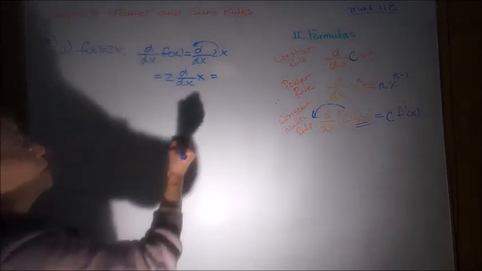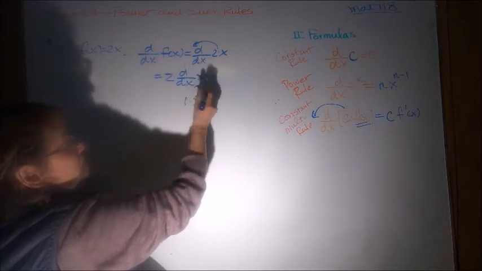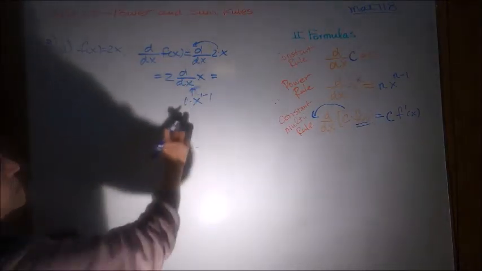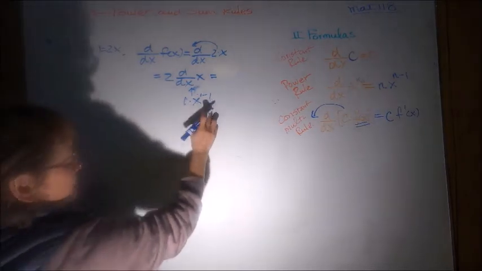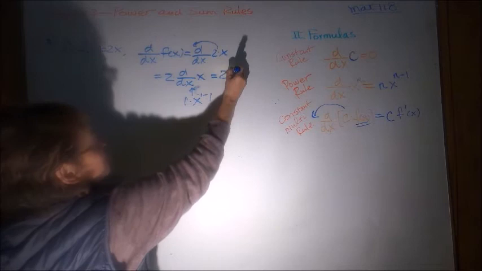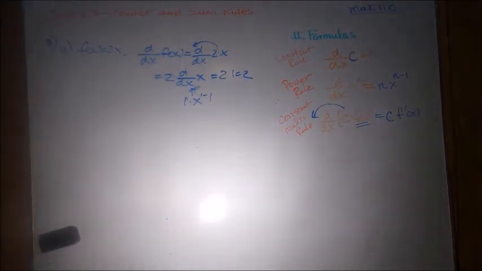Anything to the 0 power is 1, so x to the 1 minus 1 is x to the 0 power, which is 1. Then you multiply it, it becomes what? 2.